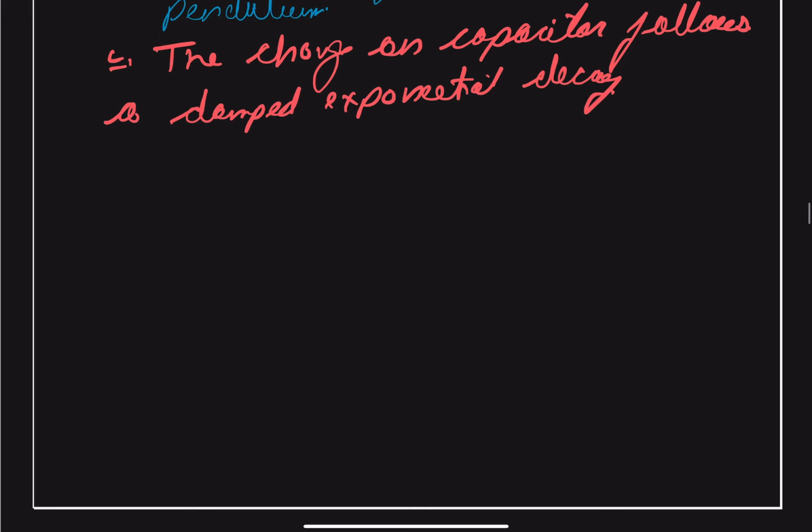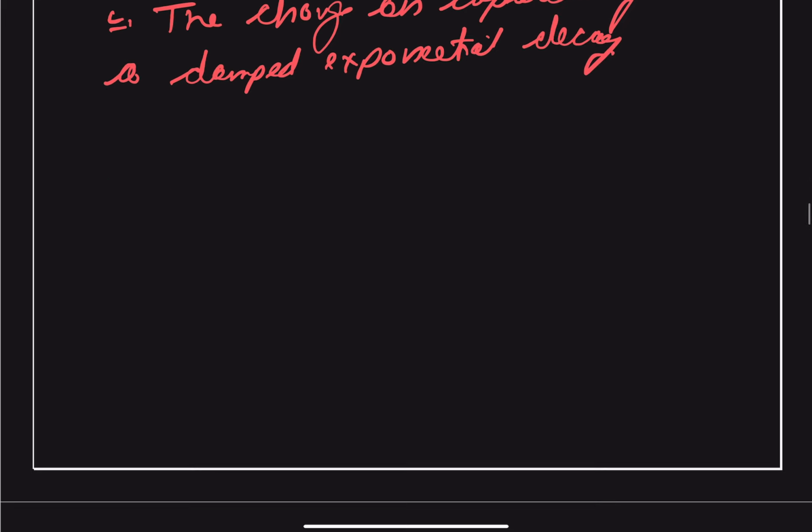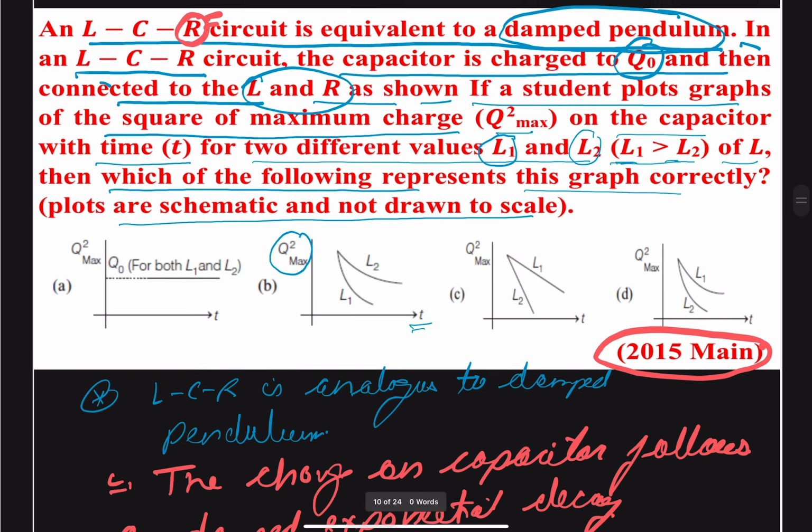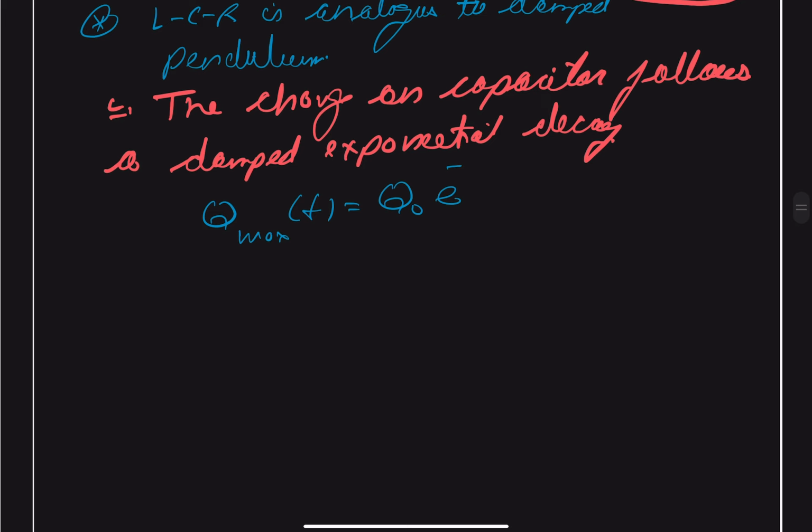So we can write the equation that our Q max T will be equal to Q naught e raised to power minus RT upon 2L.